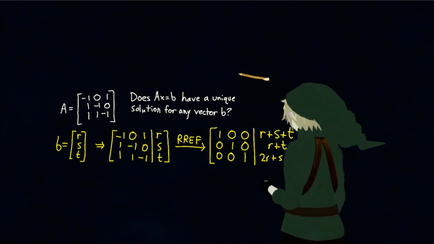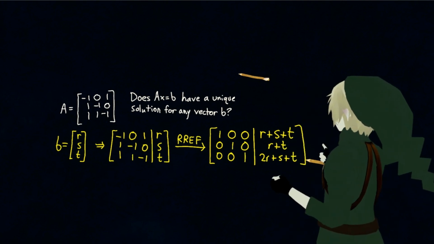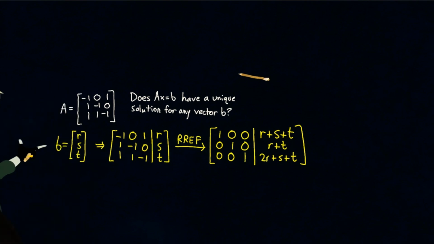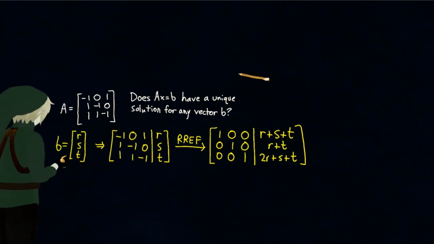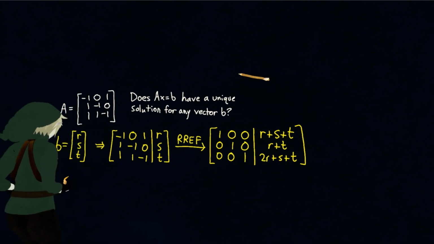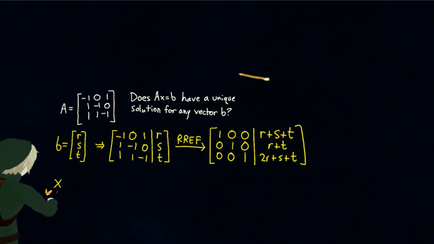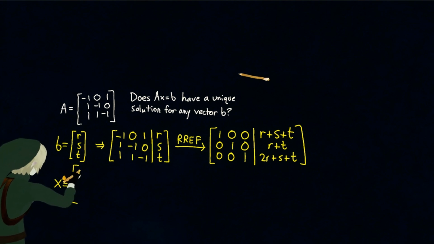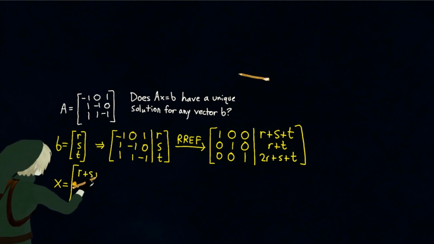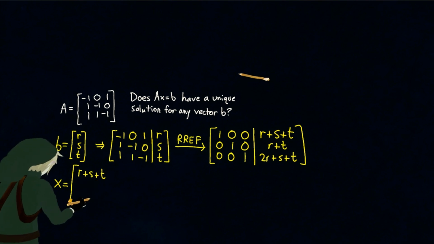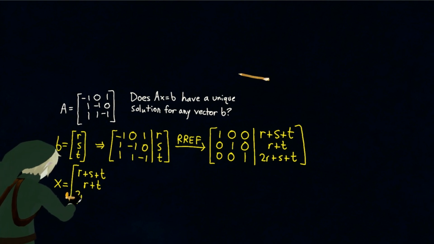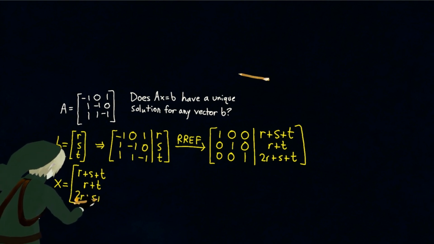So now that we have our answer, I'll go ahead and put it down below here. x is equal to r plus s plus t, r plus t, and 2r plus s plus t.